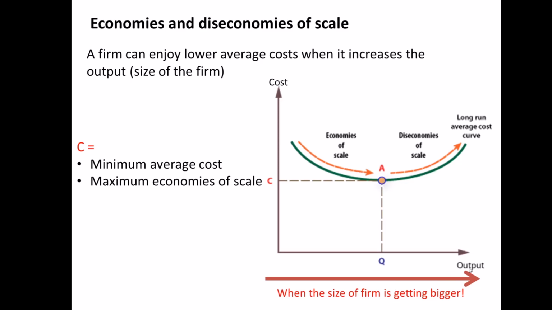Here you can interpret the output this way as well. When you go right, it means that you're having more output in your company, but also it means the size of the firm is getting bigger and bigger.